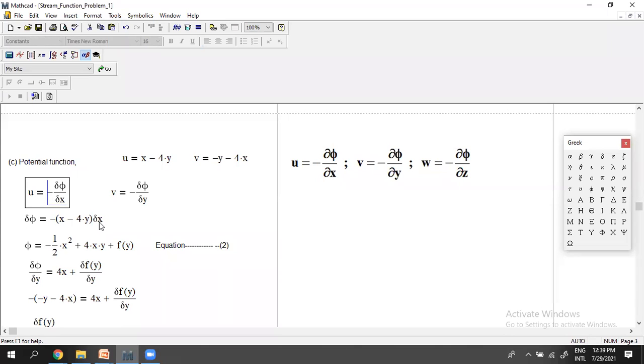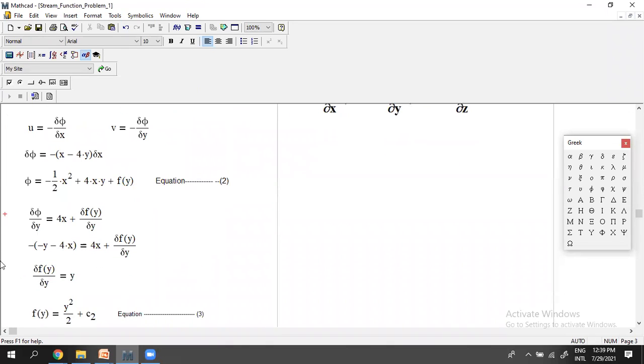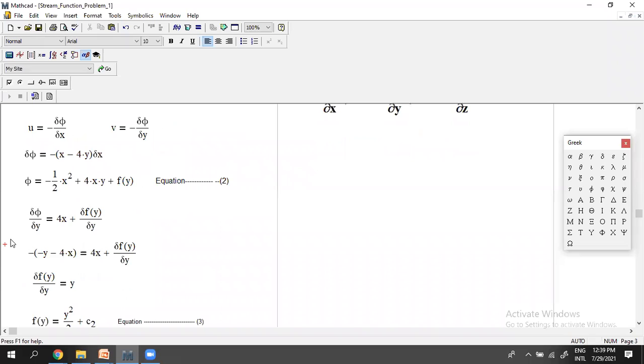You remember, you integrate the right side with respect to x, right? So instead of a constant, you add a function f(y). You add a function f(y), then you differentiate again with respect to y to bring this term.